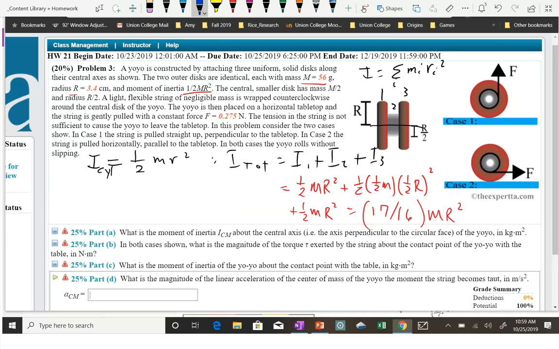Wait, what? The mass of our yo-yo is mass 1 plus mass 2 plus mass 3, which, as Max told us, is capital M plus 1/2 capital M plus capital M. So that's 5/2 capital M is the mass of my entire yo-yo.